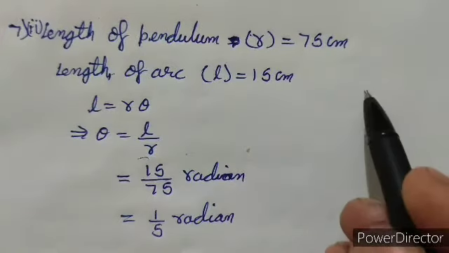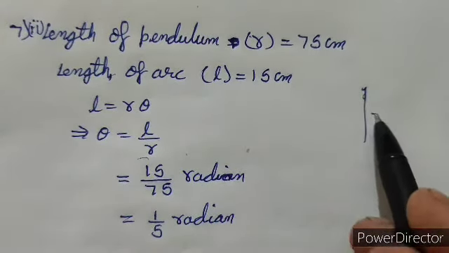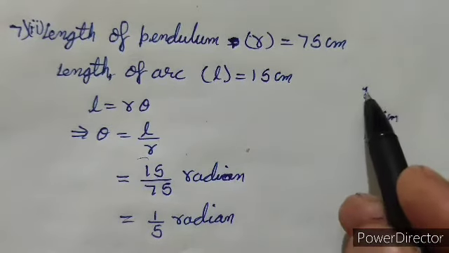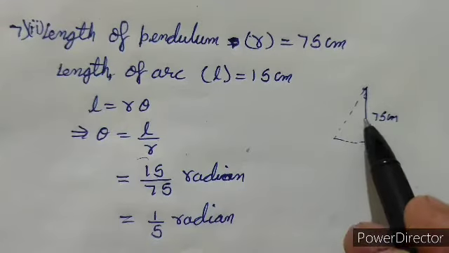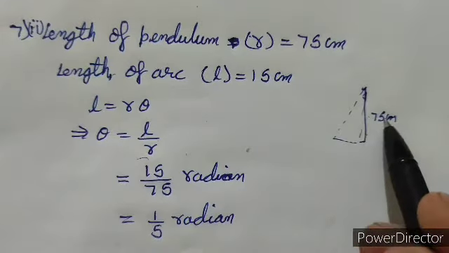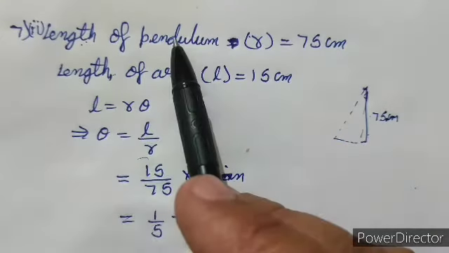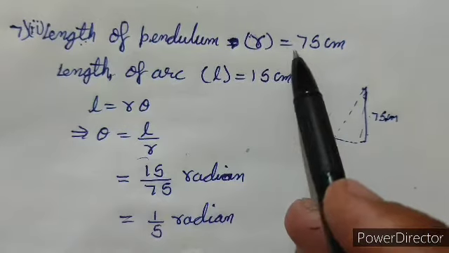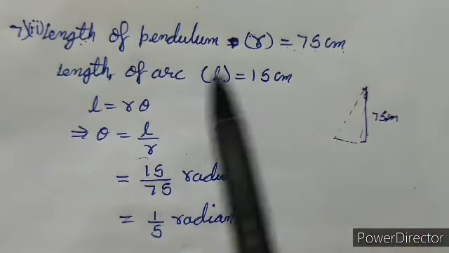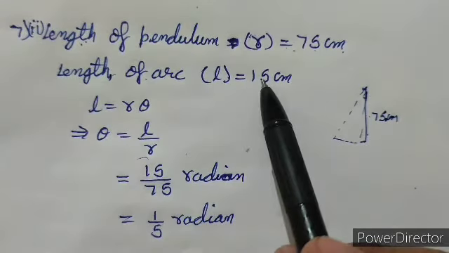Now, as the length of the pendulum is of 75 centimeter, so it will make an arc of radius 75 centimeter. Thus, we can say that length of pendulum that we can take as the radius is equal to 75 centimeter. Now, length of arc is given to us as 15 centimeter.